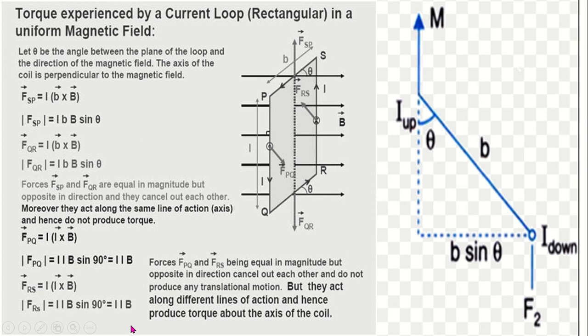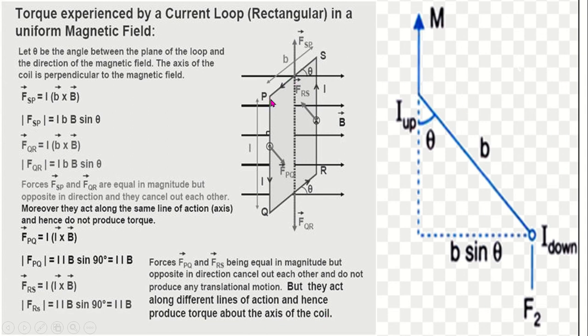So F_PQ and F_RS, being equal in magnitude but opposite in direction, cancel each other and do not produce any translational motion, but they act along different lines of action and hence produce torque about the axis of the coil.